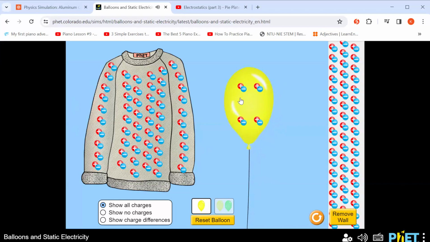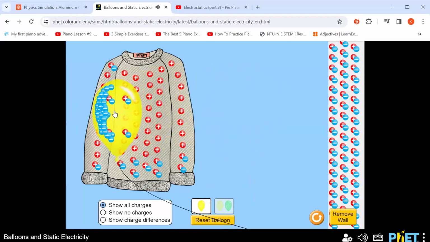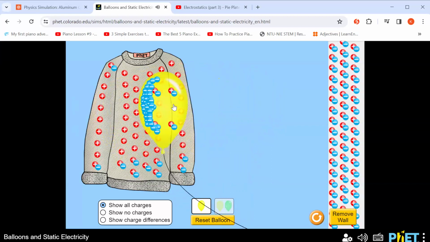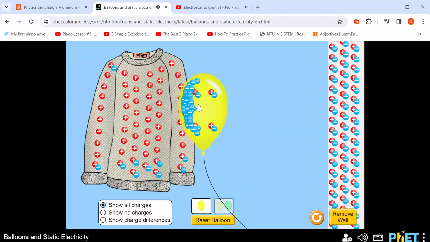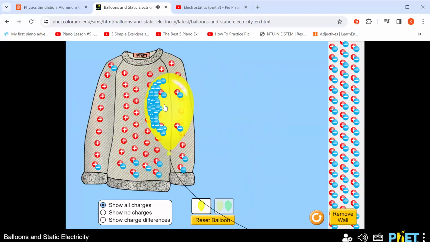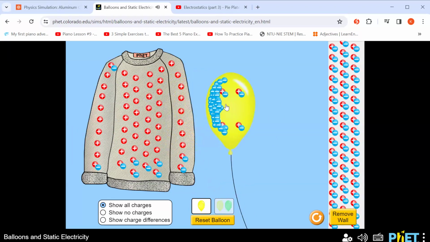So you observe what happens. If you can see, as I rub, the balloon has a greater attraction for electrons. So electrons actually transfer from the sweater over to the balloon. So the balloon now has more electrons, which cannot move out of it because the balloon is an insulator.